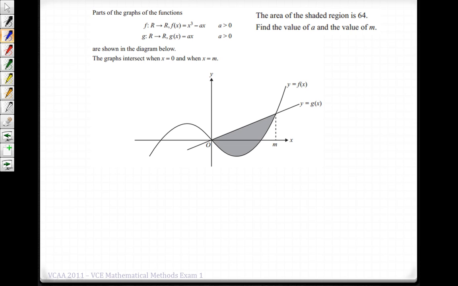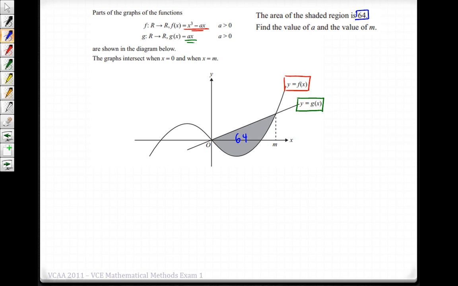So what we've got is a graph f, which I'll highlight in red, which corresponds to this rule here. And then we've also got this graph in green, g, which corresponds to the ax. So this bit just here. The area of the shaded bit is 64. That's given to us up here.